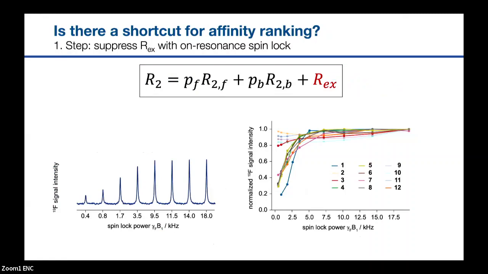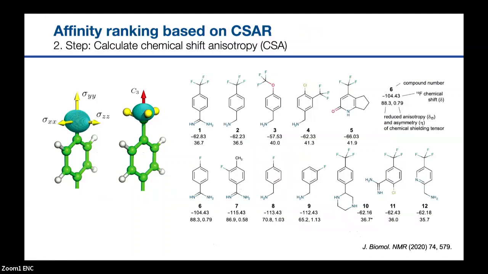So what we do is we do an on-resonance spin lock. And thanks to Bruker cryoprobes, we can do this at 10 kilohertz. And you see that's more than what we need. So here we have strong exchange and we increase the spin lock, but we really get rid of the exchange contribution. And we tested this with many compounds. And now I need to speed up.